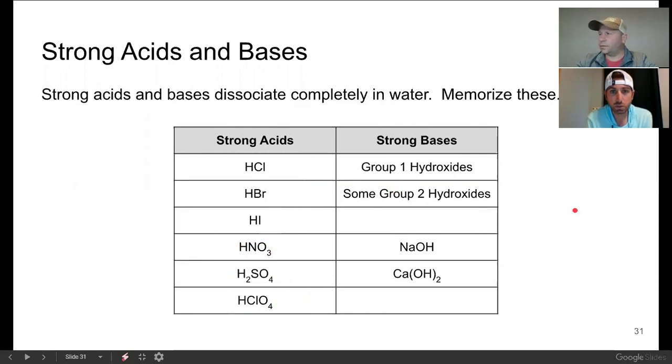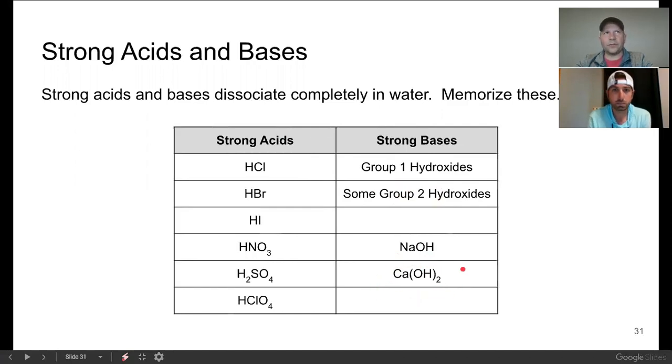What makes bases strong? We have group one, the alkali metals, plus a hydroxide. Remember, with a base, we learned that it has to have a hydroxide with it. An example is sodium hydroxide. Sodium is a group one alkali metal. Then some group twos, not all of them, but calcium hydroxide is a good example you'll see often.